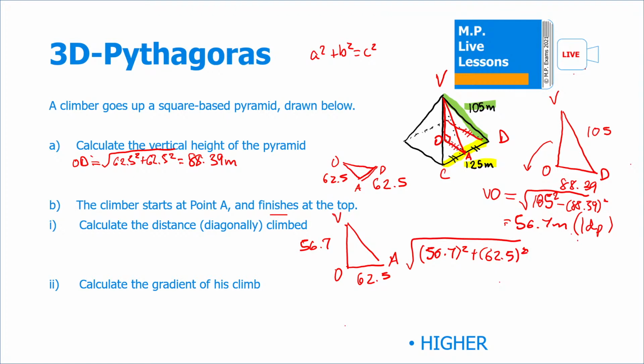So if we use Pythagoras again, this gets us a diagonal distance of 84.4 meters. That's to 1 decimal place as well. And to calculate the gradient of his climb, it's the change in y, or the vertical, divided by the change in x, the horizontal.